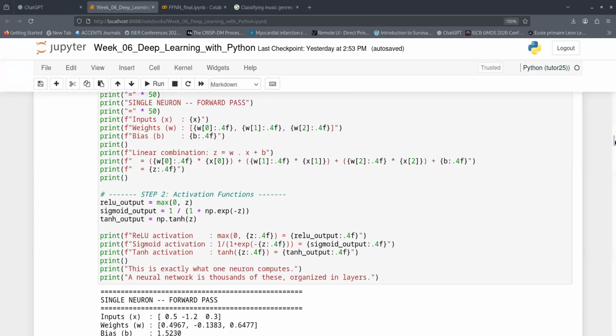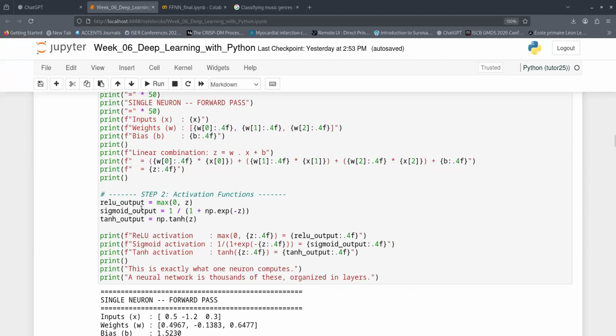And here is now the activation function. Without the activation function, it will be linear. That's why we need the activation function to be non-linear, as we have explained. We use the ReLU as output.